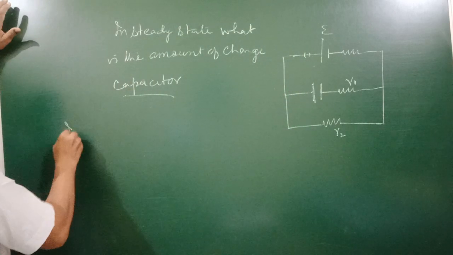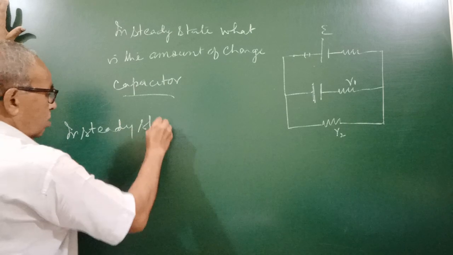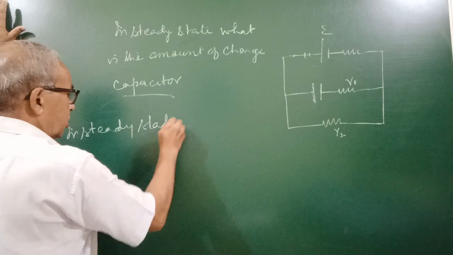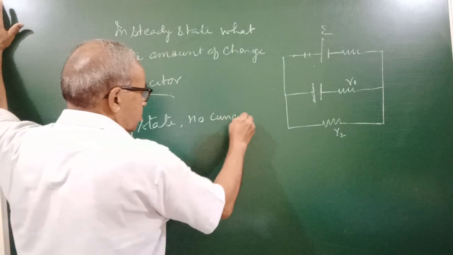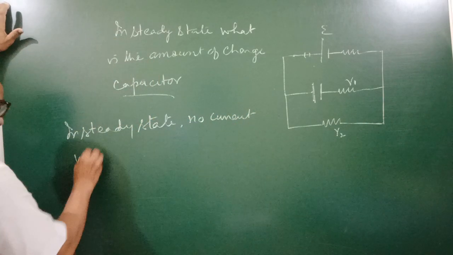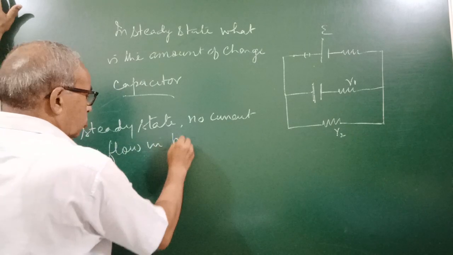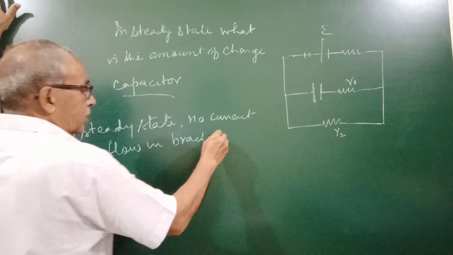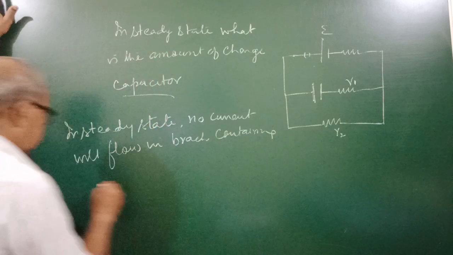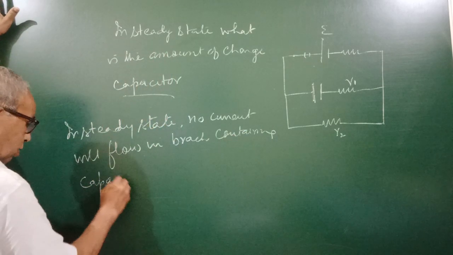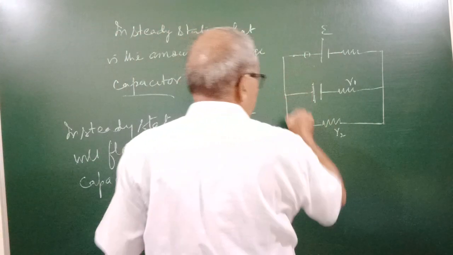In steady state, no current will flow in the branch containing the capacitor. This fact you can realize. So then current will continue to flow here.